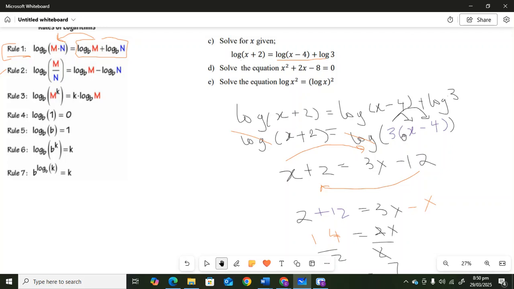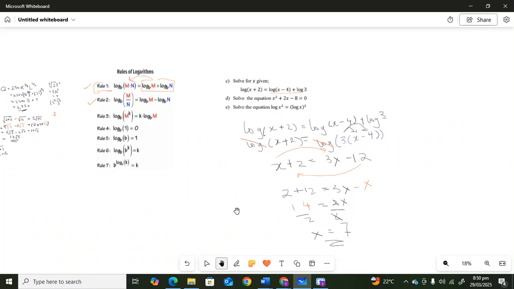When you get rid of the logarithms, then you can solve it like a normal algebraic equation. Yes, questions, queries? Before we move to the next one.